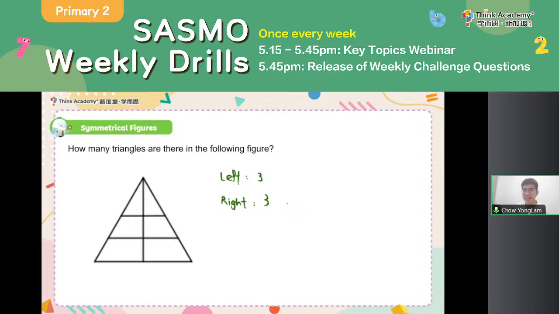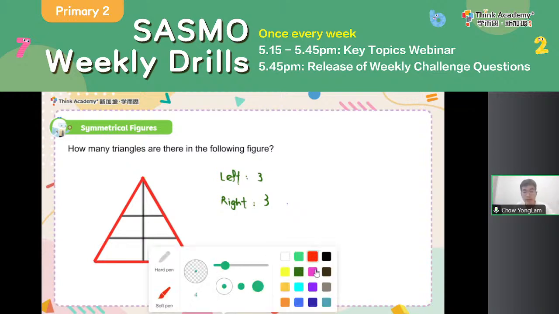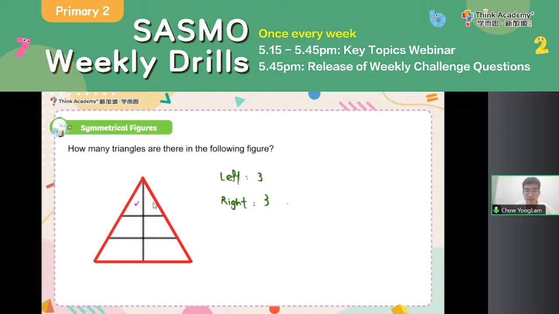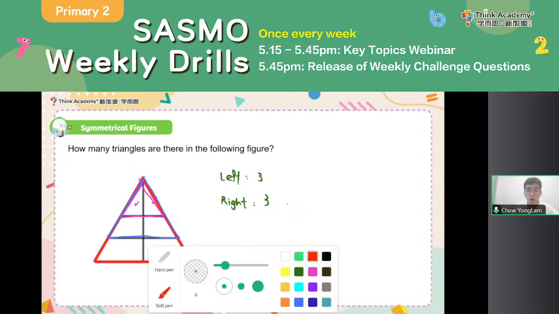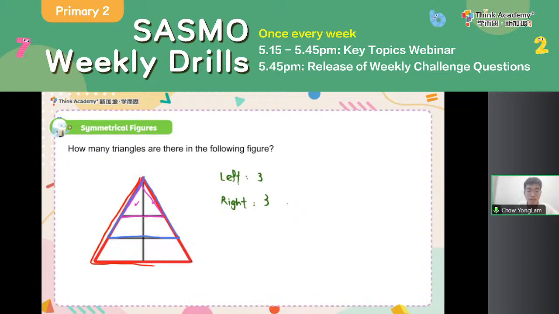Think about it. I can still form some triangles by combining the left and the right. For example, these 2 small triangles together form another triangle. Then I can form a slightly larger triangle by including 2 of the parts below them. And finally, this whole triangle that I've highlighted in red is a triangle too.